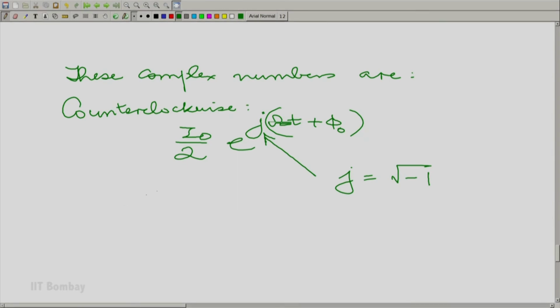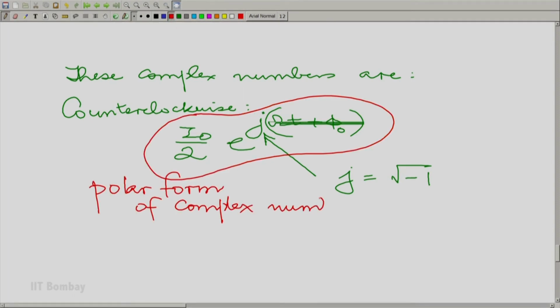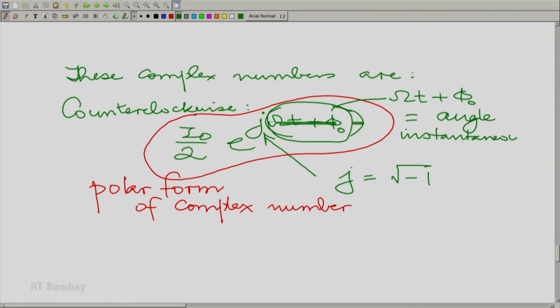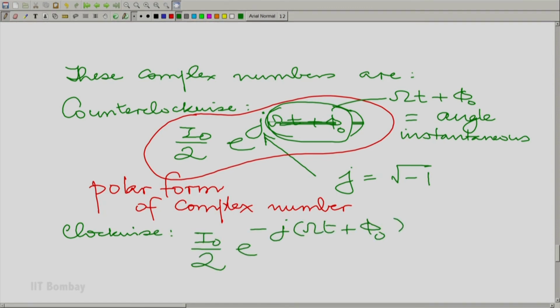And what we are writing here is in what is called the polar form. And remember, this complex number is a function of time. So, you see this omega t plus phi 0 is the instantaneous angle. Similarly, the clockwise complex number would be essentially the same as the counterclockwise complex number, but with a negative sign for the angle.